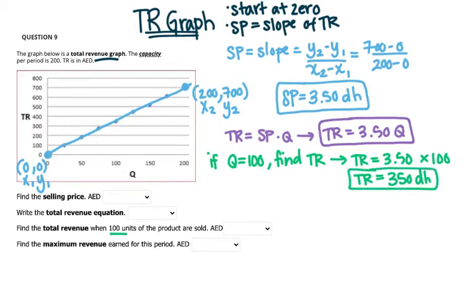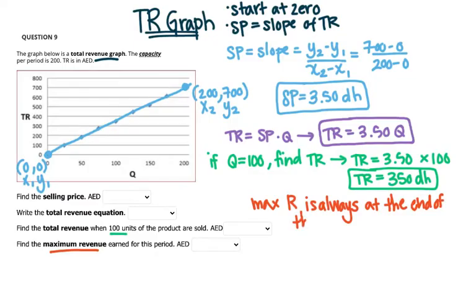Okay, the last question they ask us, they say find the maximum revenue. The maximum revenue is always at the right side of the graph, always at the end of the graph. This is called full capacity. It means we sold everything in the store, and our capacity in this case was 200.